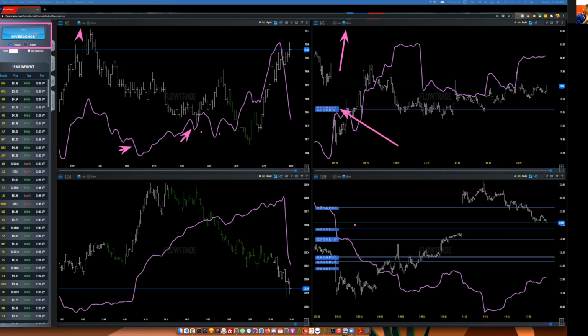What's really nice is that this is running real time throughout the day. As you can see, in Morgan Stanley, MS, we've got a little bit of a divergence happening. It looks like it began here, ended here, and that's going to play out over on the 15-minute chart.